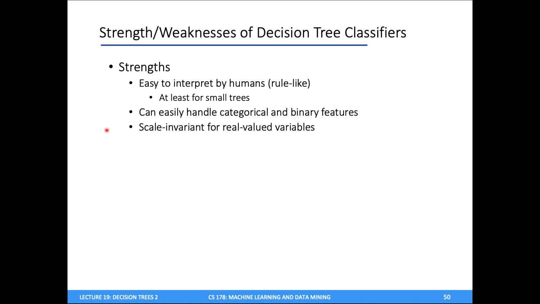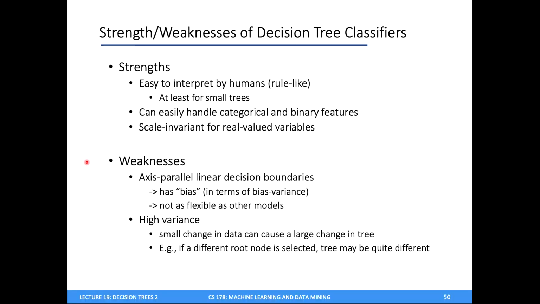In terms of weaknesses, all of our decision boundaries, all of our splits, are necessarily parallel to the axes in our data space. This is because we're only considering a single feature at a time when we're deciding how to create those splits. So our model has high bias in terms of the bias-variance trade-off. It's not as flexible as other models in the decision boundaries it can represent.